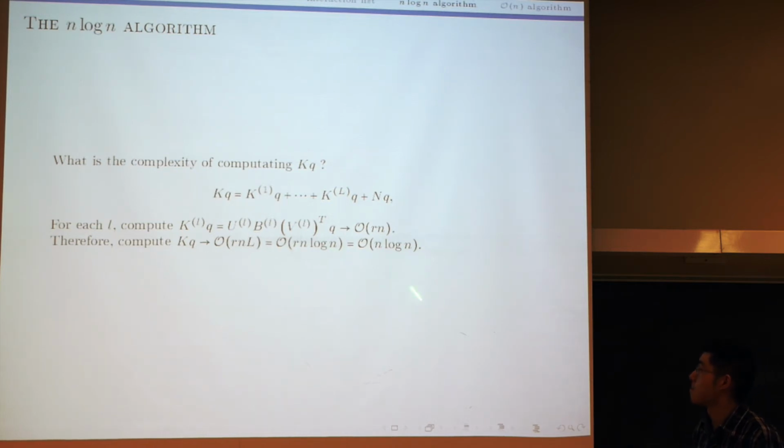So this decomposition gives us the n times log n algorithm, which is actually the algorithm that Nico introduced in the last talk.